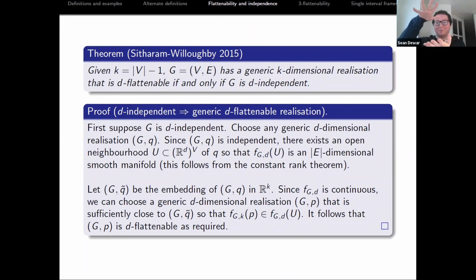We've got something that's very flat. It will still not lie in RD because it's generic. So the genericness stops it from lying in RD, but it's going to be very, very close. And what we've said is this GP framework is so close that it can immediately get flattened. That's the idea. That's quite a nice result in that way, I guess.